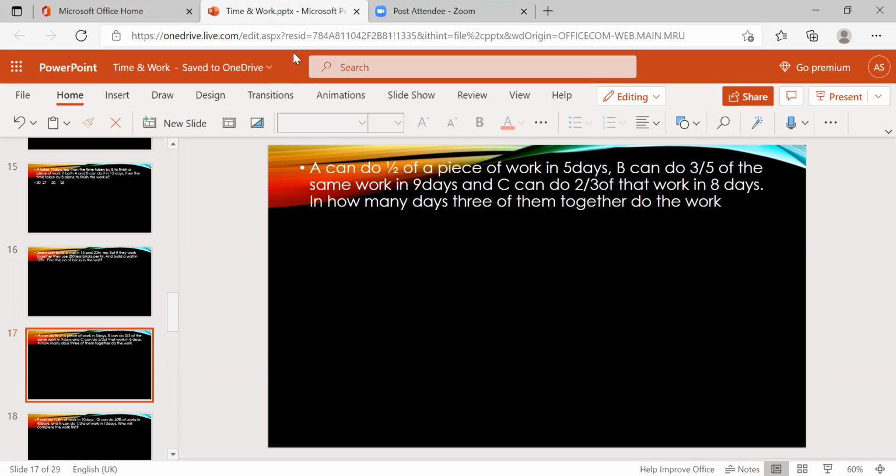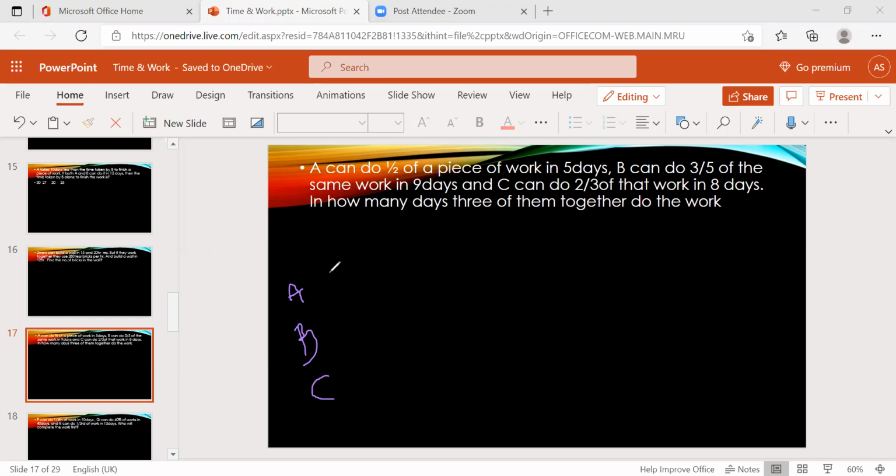In the previous questions, they gave the full work for A, B and C, but here they gave only parts of the work: half, 3/5 and 2/3.